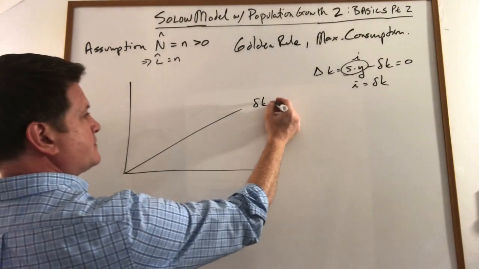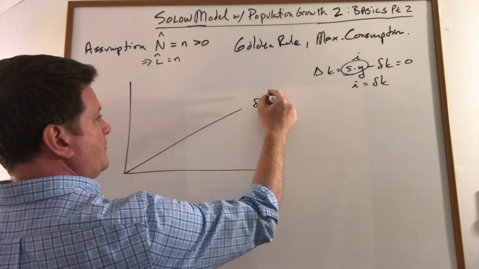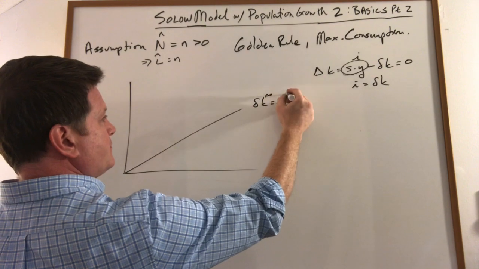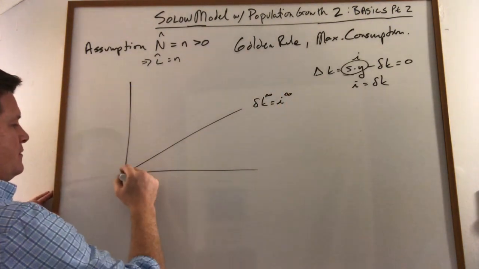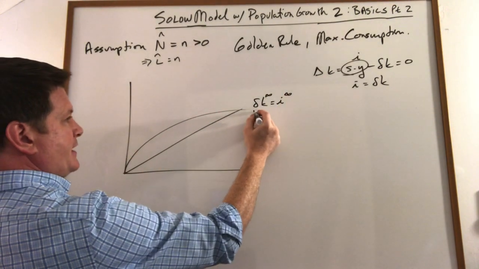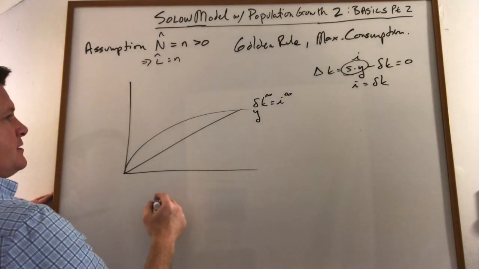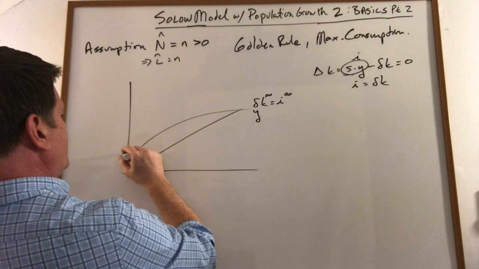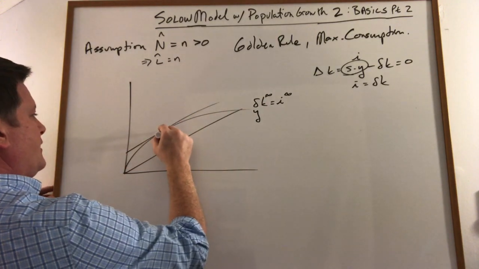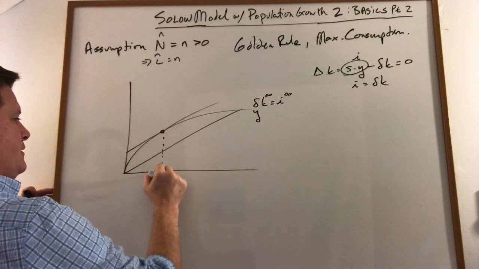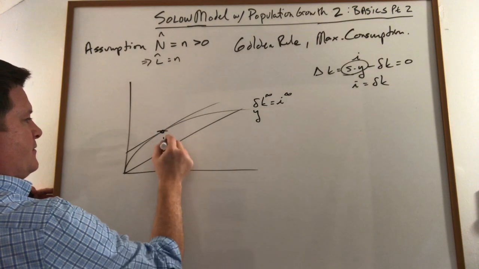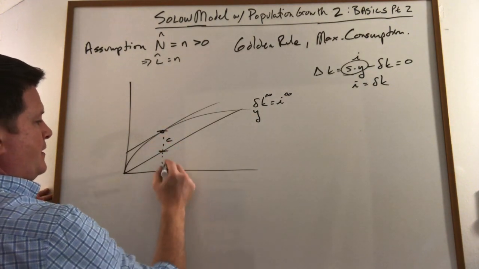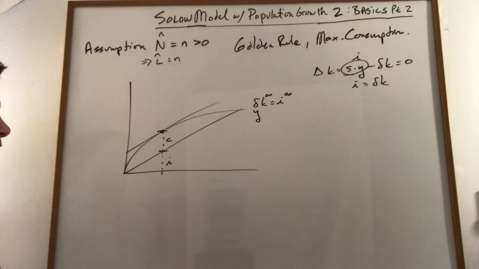In steady state, those two are equal. That is our GDP. So wherever this line is parallel and tangent to that line is going to give me the maximum C and the maximum I.